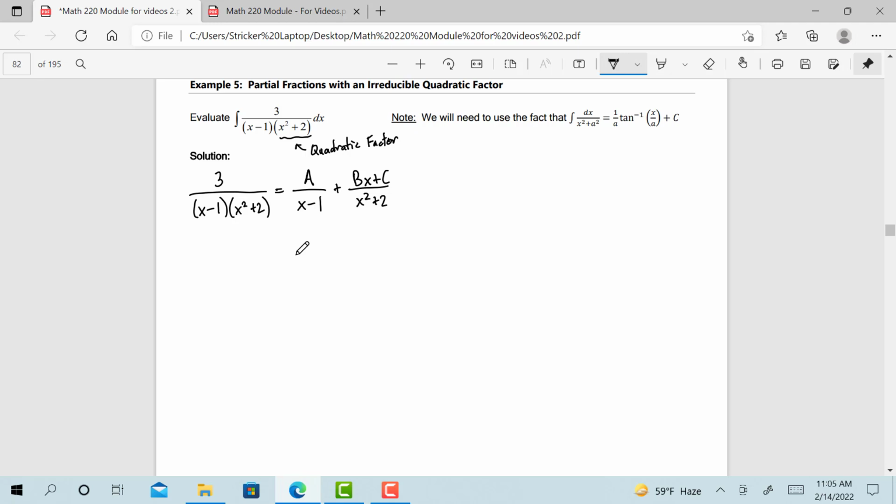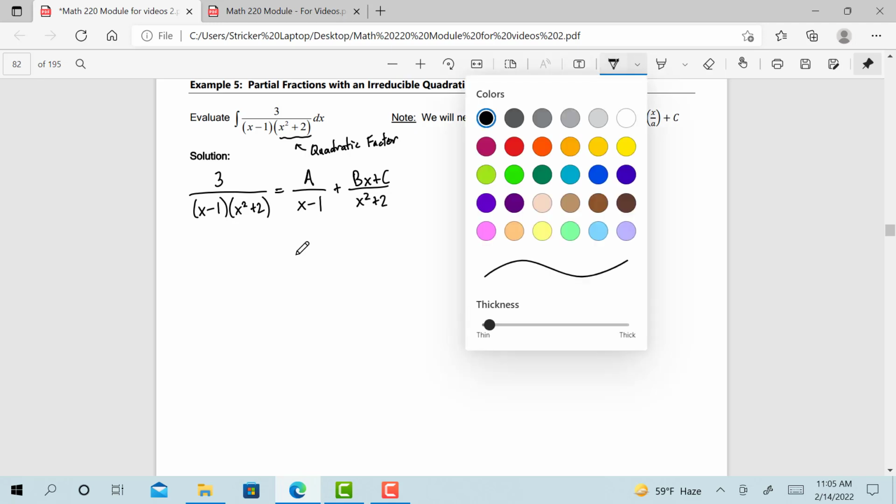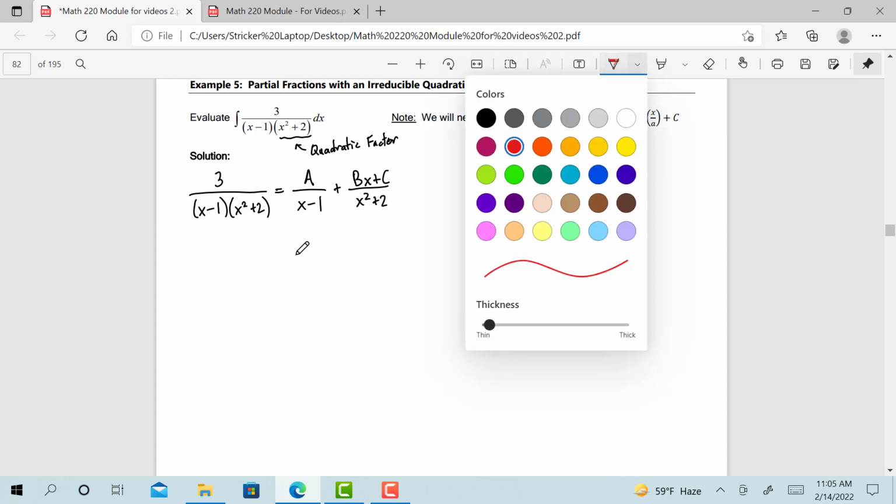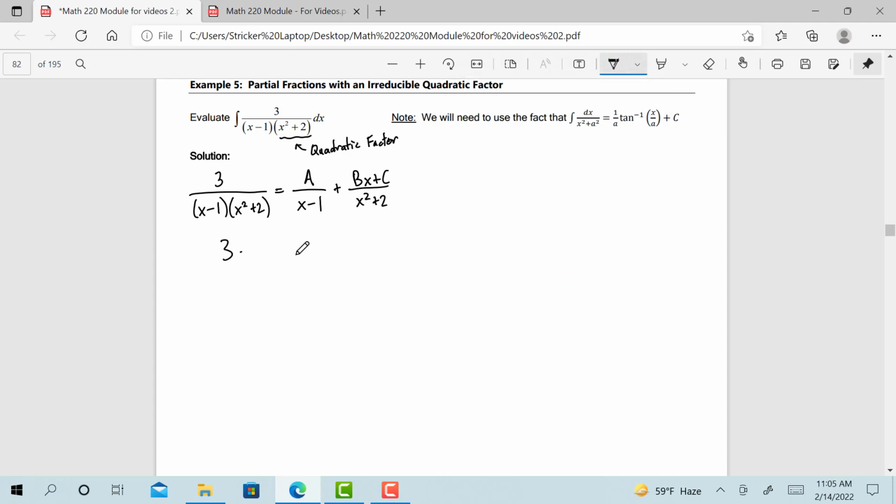Let's multiply both sides by the least common denominator, which when we do that, we get 3 is equal to a times x squared plus 2 plus, actually, excuse me, not b.